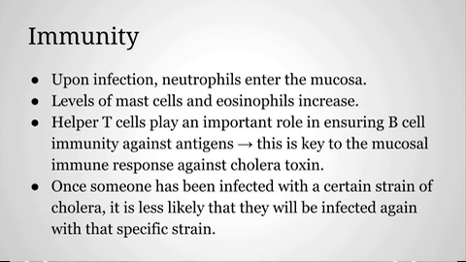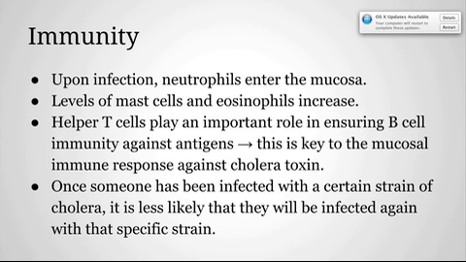So the toxin choleragen creates a rise in cAMP production, and massive amounts of electrolytes and H2O are secreted into the intestine as a result. And that's what causes diarrhea, specifically the rice water diarrhea.